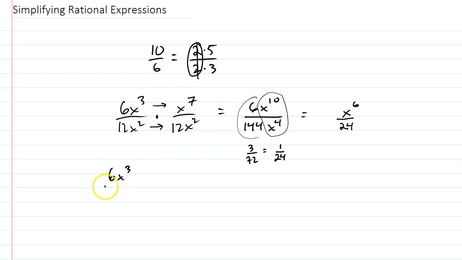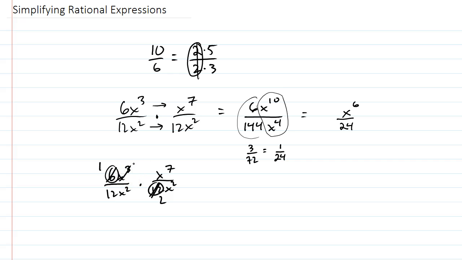But let's say that we wanted to do this problem again, but we wanted to simplify beforehand. There's something called cross-simplification. Before you multiply, you can actually simplify diagonally. So actually, I could simplify the 6 over 12, I cross them out, and I divide by 6 on both of them. And the same goes for these x's.